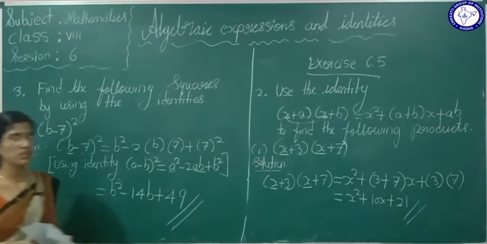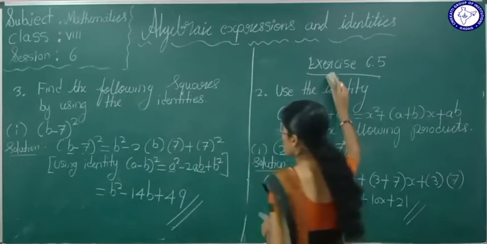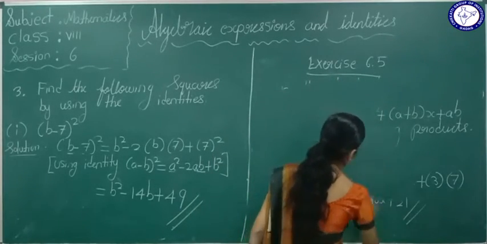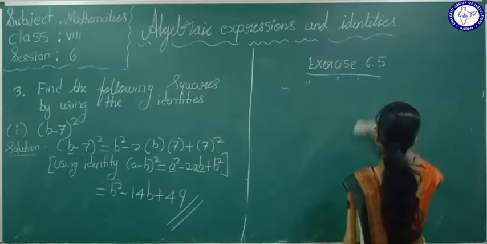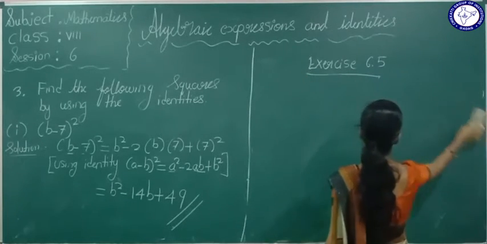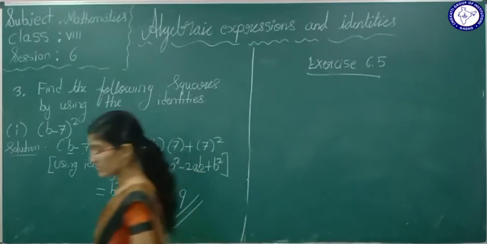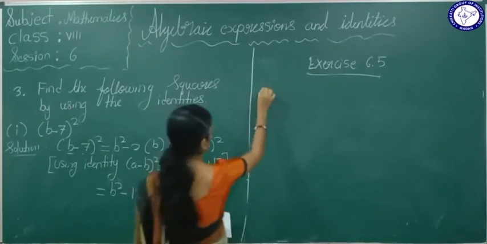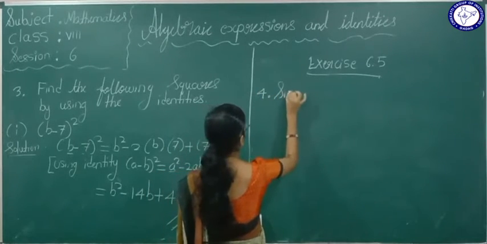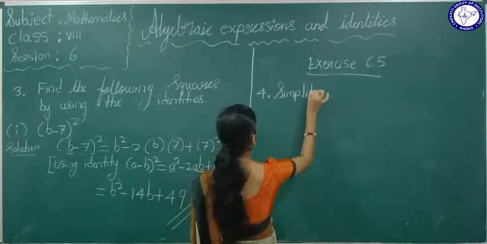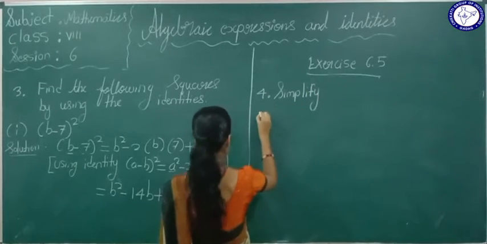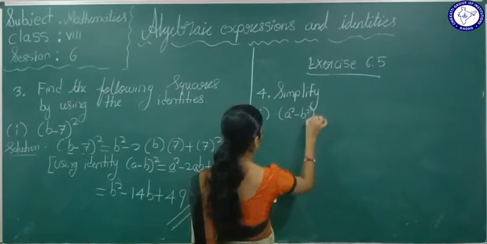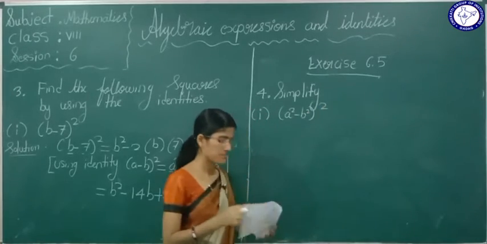This is about the third main. Now we will see the fourth main. In the fourth one they have told us to simplify. In that, first one, (a² - b²)².